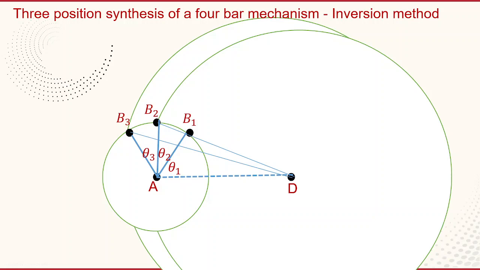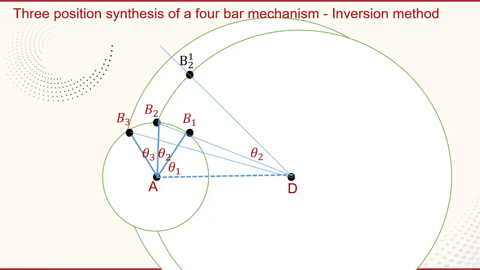Now this line intersects the circle passing through B2, and that intersection is marked as a point. B2 is moving from B2 to B2 prime.